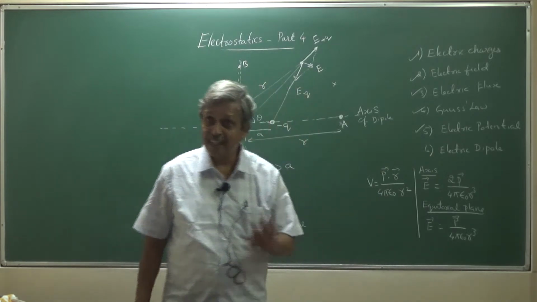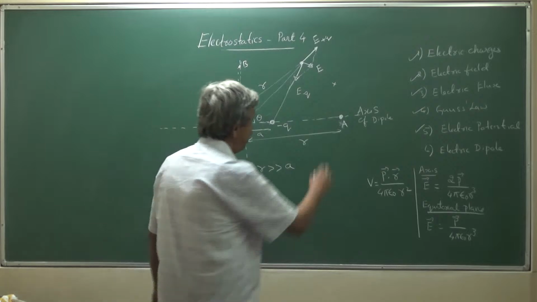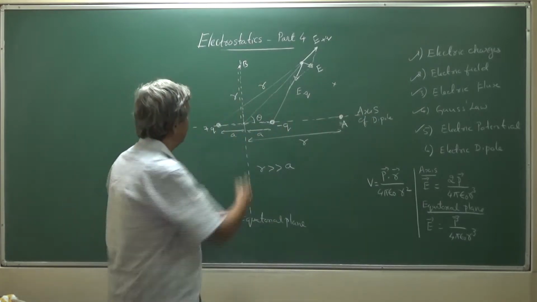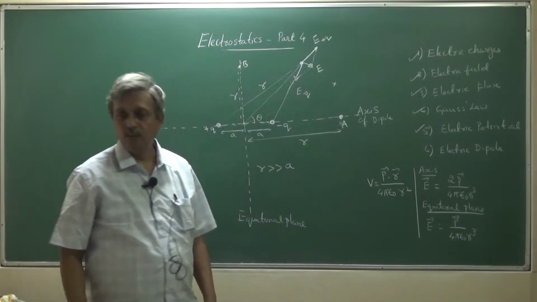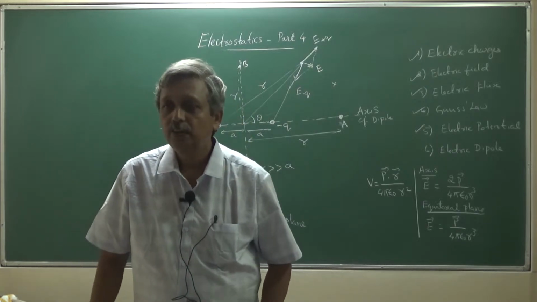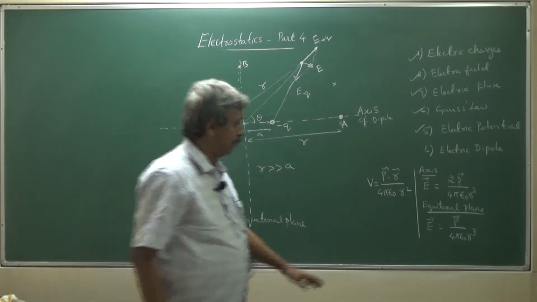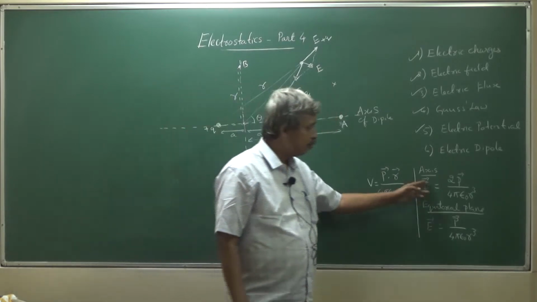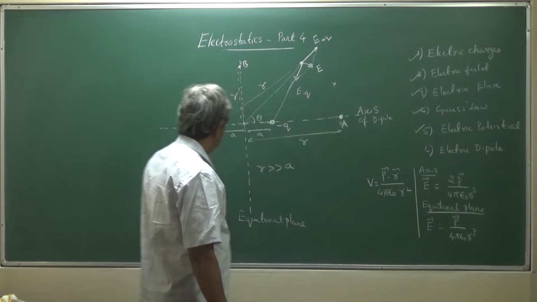I am not going to do the derivation. It is just basically adding: one is like this, one is like this, add them. Here also you add the two of them. When you add, you will get two formulas, one for this, one for this.